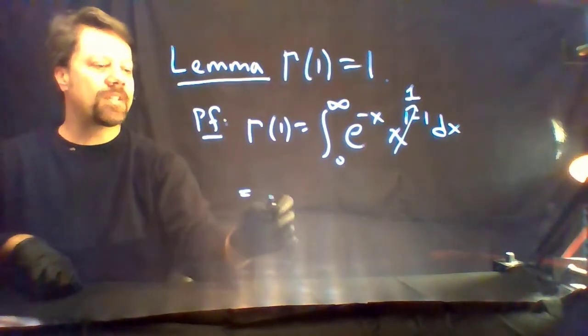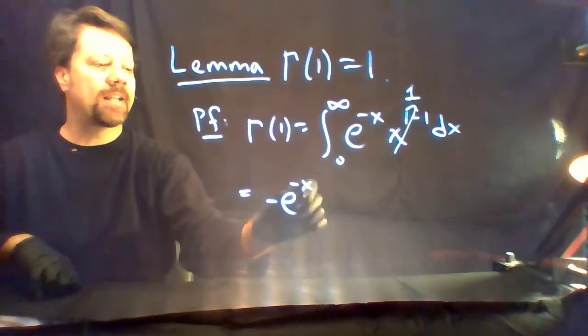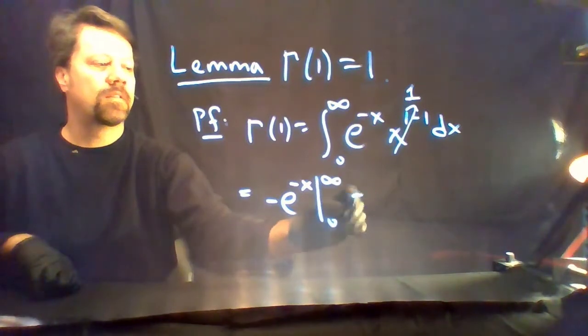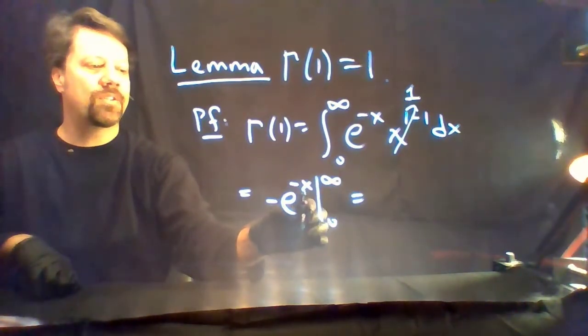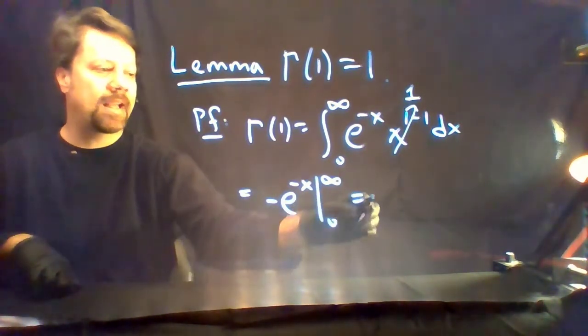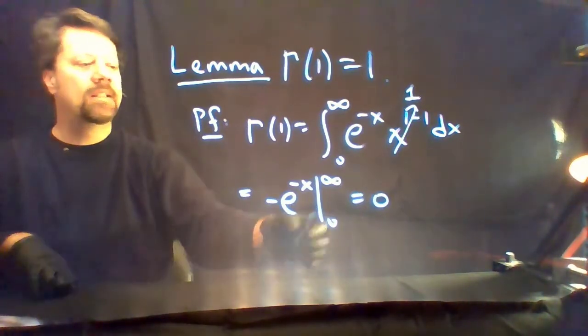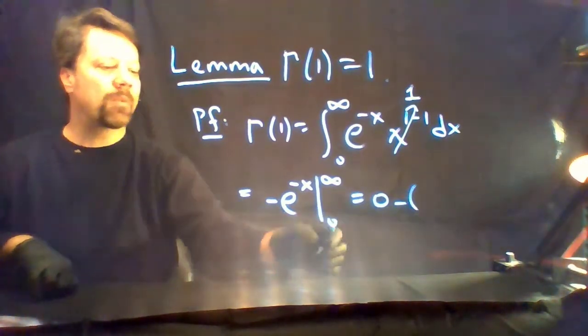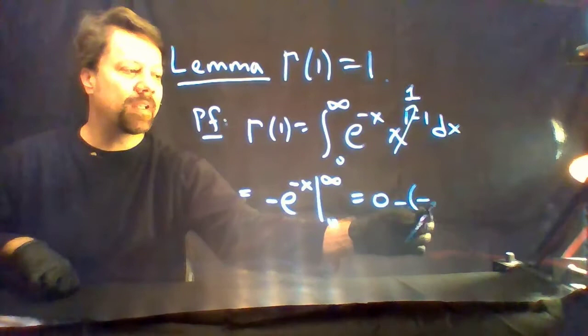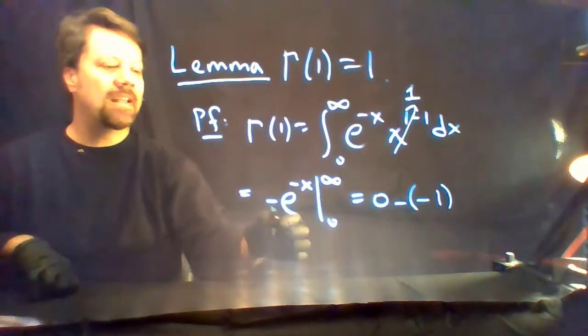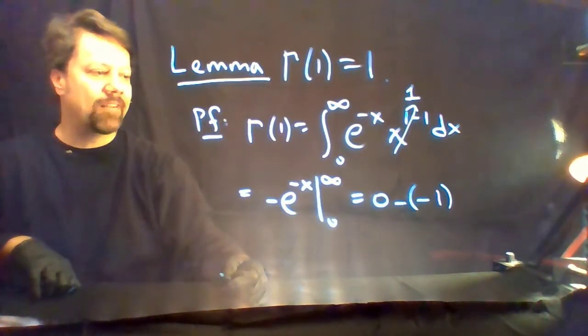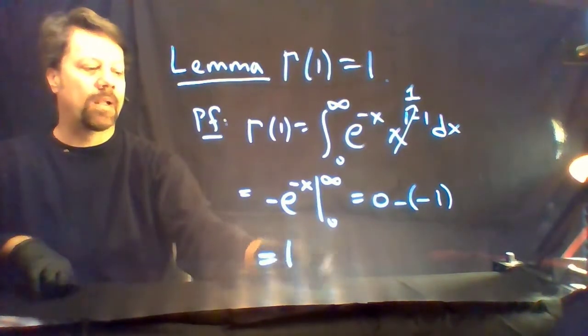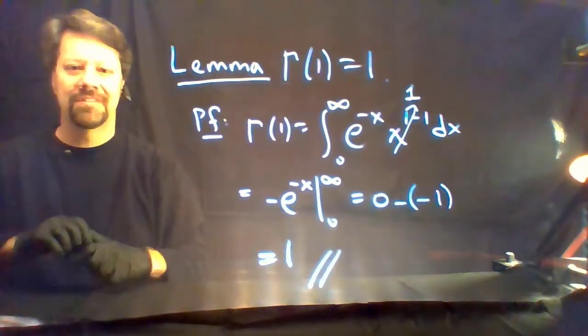It follows then that we get negative e to the minus x. As x goes to infinity, exponential decay will send this to 0. And then we subtract what we get when we plug in 0. When we plug in 0, we get negative e to the 0, which is negative 1, for a grand total of 1. And that's the proof.